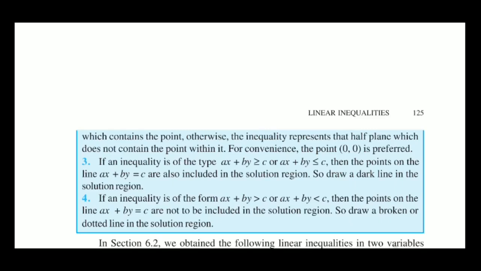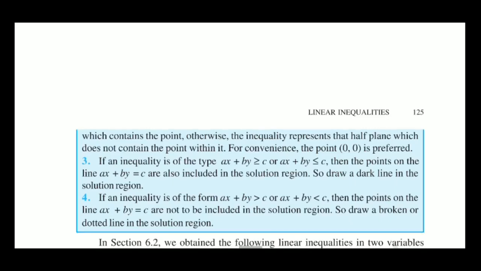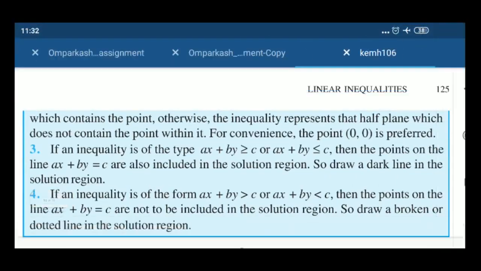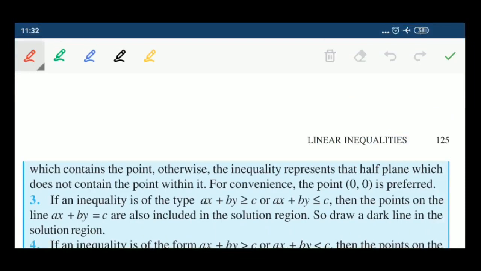So here you will draw a dark line in the solution region. Please note down this sign, greater than or equal to and less than or equal to. So you will draw a dark line in the solution region.